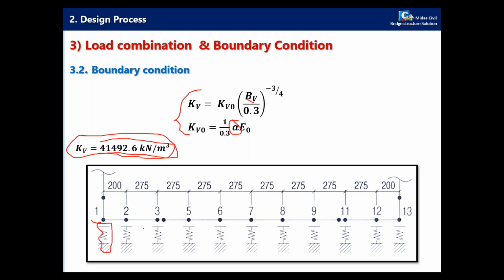It's really easy: this subgrade reaction multiplied by the half distance between these two nodes gives the stiffness for the first node here, the first spring.